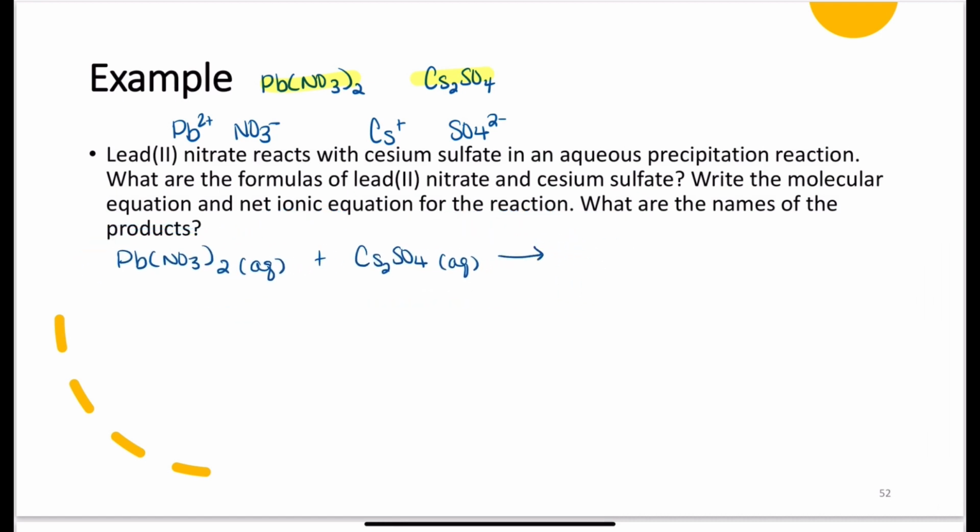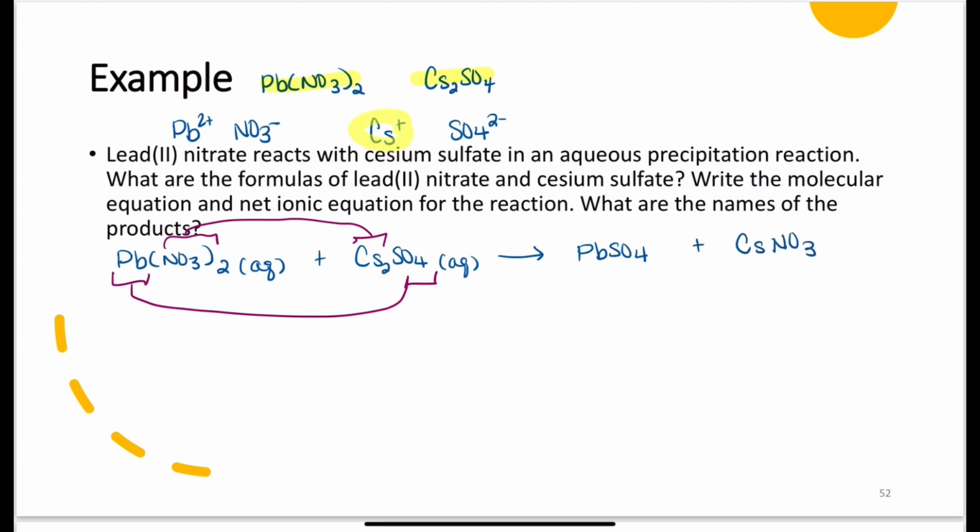We're going to swap partners here. So the lead is going to go to the sulfate. Cesium is going to go to the nitrate. PbSO4, CsNO3. Because again, Cs is a +1 charge, NO3 is a -1 charge, one of each to pair it up. Lead 2 plus is a +2, sulfate's a -2, so 1 to 1 to pair it up.